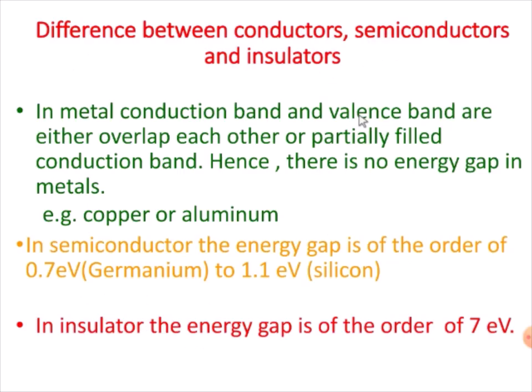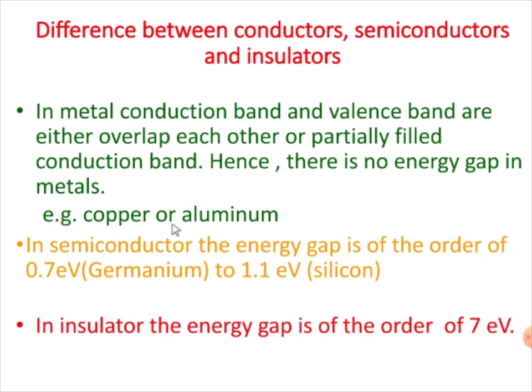Now let's see the difference between the conductor, semiconductor and insulator in terms of the band energy. In metal, the conduction band and the valence band either overlap each other or are partially filled. Hence, there is no energy gap in metals.